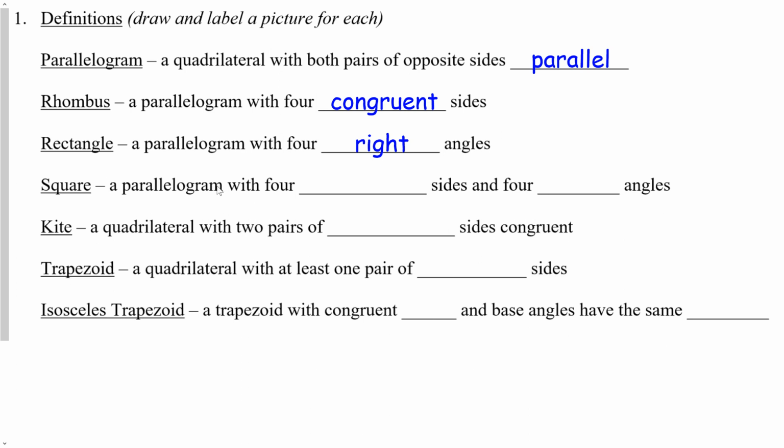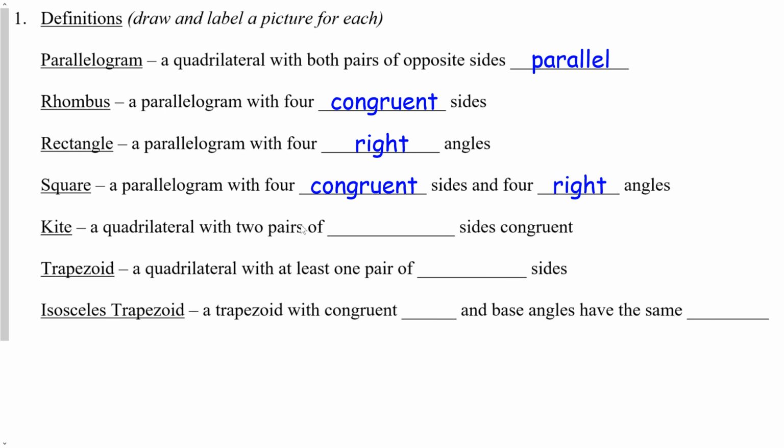And a square is a parallelogram with four congruent sides and four right angles. Some people know already that squares are really parallelograms, rhombuses, and rectangles, all in one specific shape.